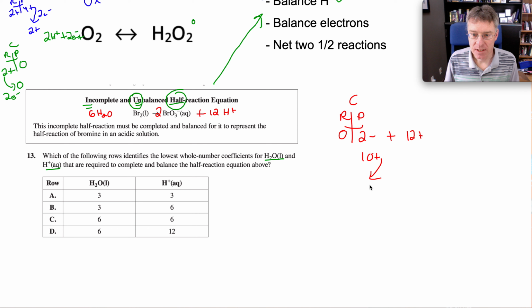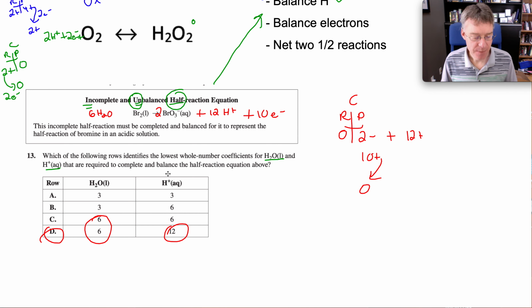So we'd have to bring this down to 0. So what's our answer? Water count is 6 and the hydrogen count is 12. So the answer is D. Reasonably common format, and they could have made electrons a potential column. So you need to be able to do that.